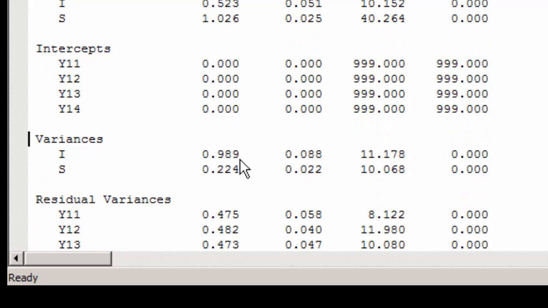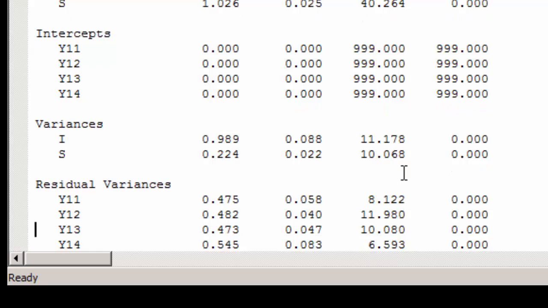We have variances for intercept and slope factors. In both cases, estimates of variance that are large relative to their standard errors. So in the olden days, we used to say we have evidence for significant individual differences in the starting value, which is I, and the pace of change over time, which is S. But we don't say that anymore.